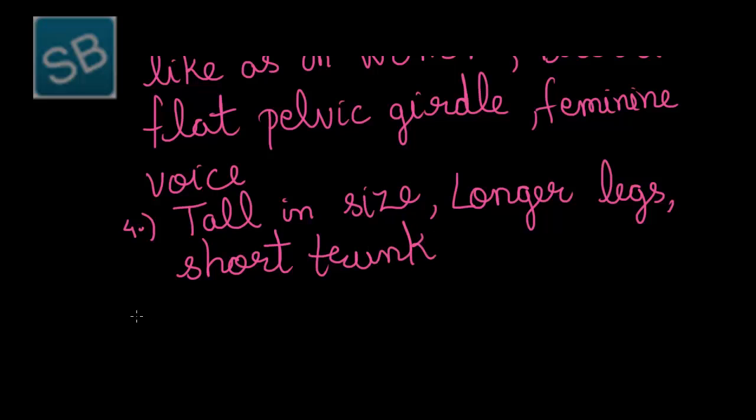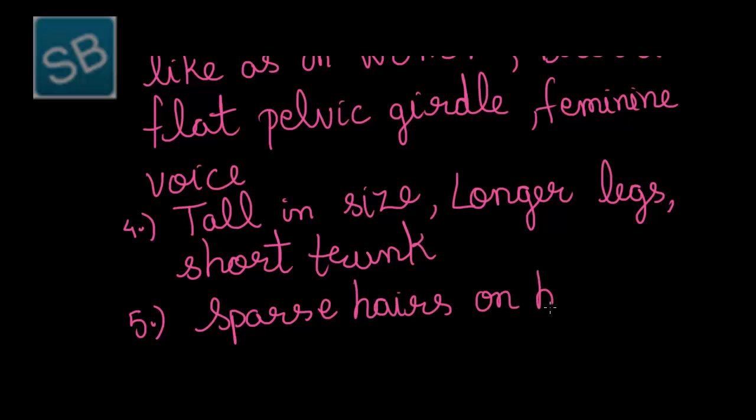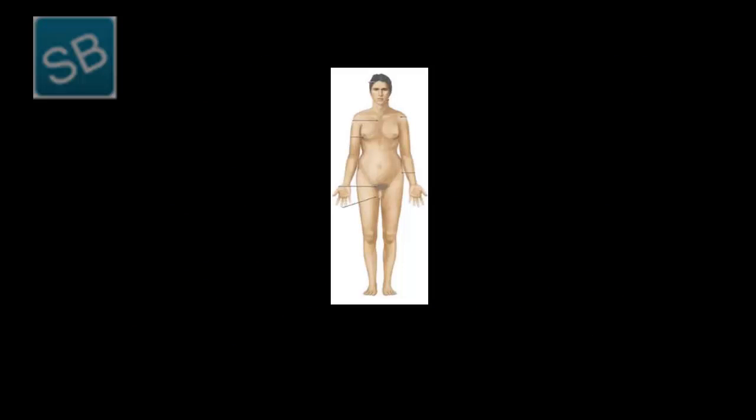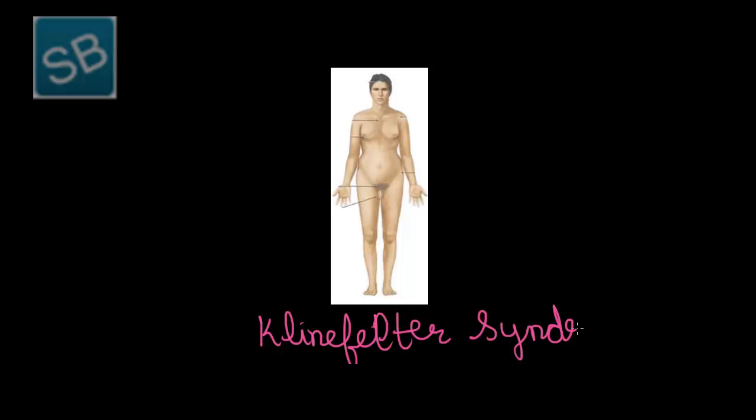Further, such males have sparse hair on the body, that is the amount of facial hair is low. This figure depicts the structure of an individual who possesses symptoms of Klinefelter syndrome. Thus, this is all about the chromosomal disorders.